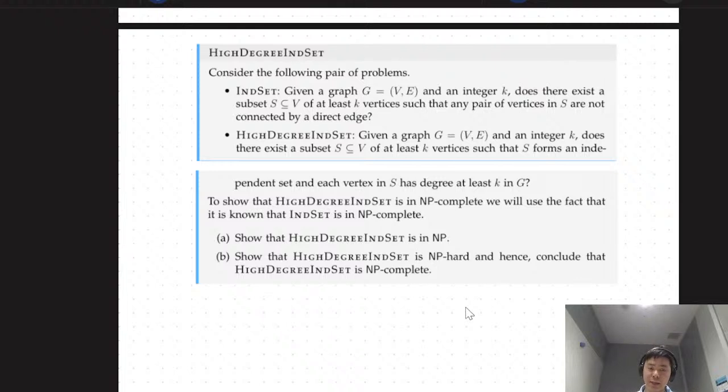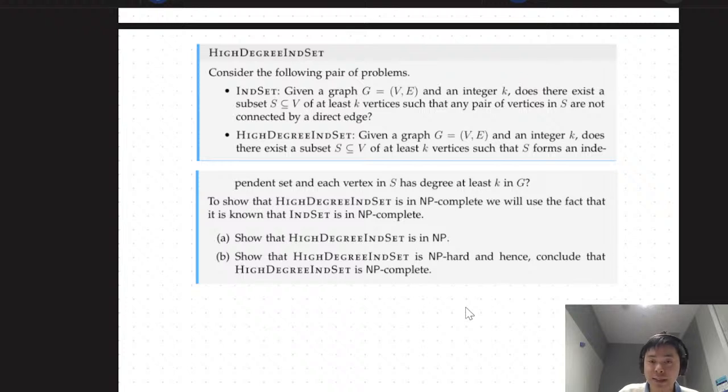Here we are given a pair of problems. The first problem is again the independent set problem. Given a graph G and given an integer k, can we find a subset of at least k vertices that form an independent set?